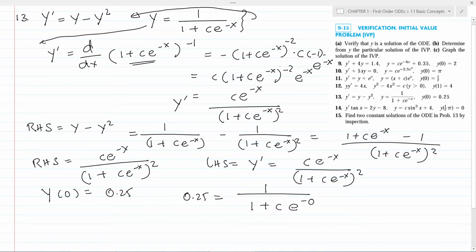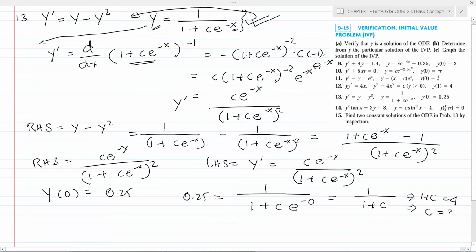We put the values in this general solution. We put x equal to 0 and y equal to 0.25, and we get 1 divided by 1 plus c. So that implies 1 plus c is equal to 4 or c is equal to 3.